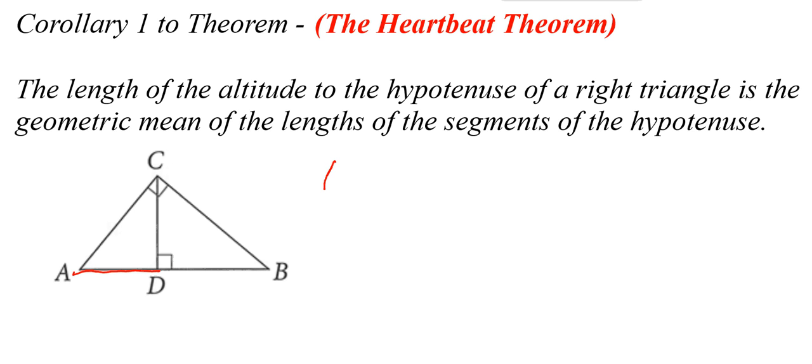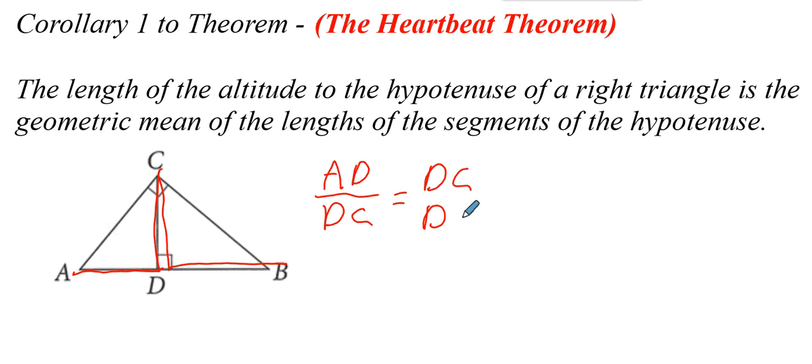AD, you jump up, boom, DC, you come back down, DC, and you go across, DB. If that helps you identify the heartbeat theorem, that's one way to think of it. Notice you have your geometric mean here, DC times DC. That's theorem one, the heartbeat theorem.